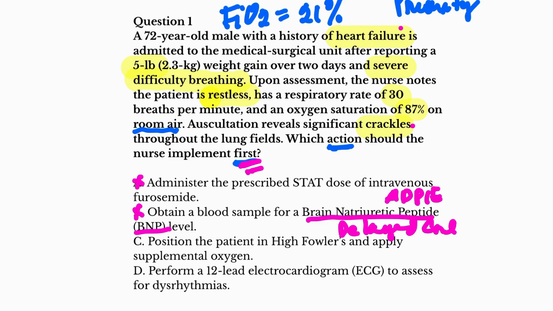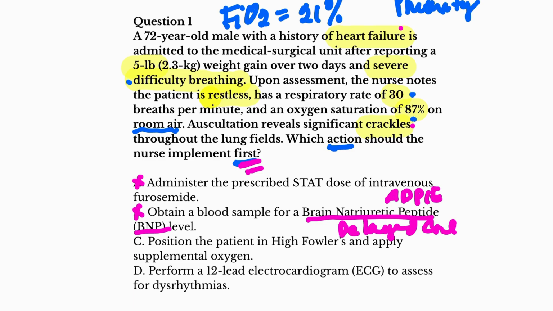Okay, so let's look at letter C. Position the patient in a high Fowler's position and apply supplemental oxygen. Boom, shakalaka. So the patient is breathing faster. The patient has difficulty breathing. What can we do to help that quickly? Elevating the head of the bed, positioning the patient in a high Fowler's position.